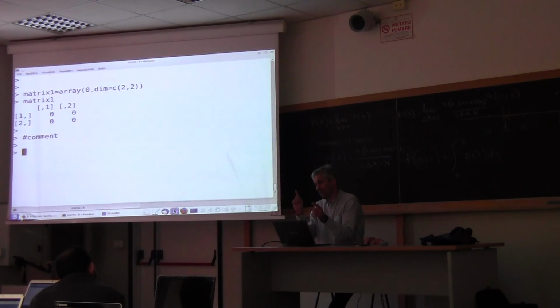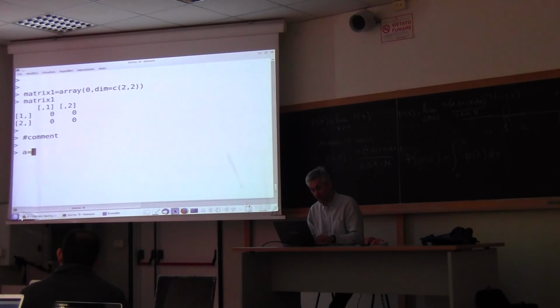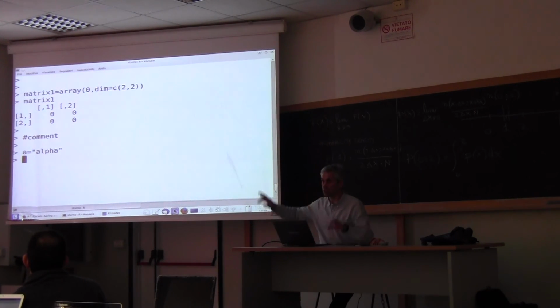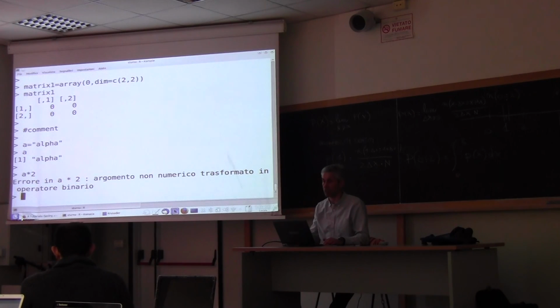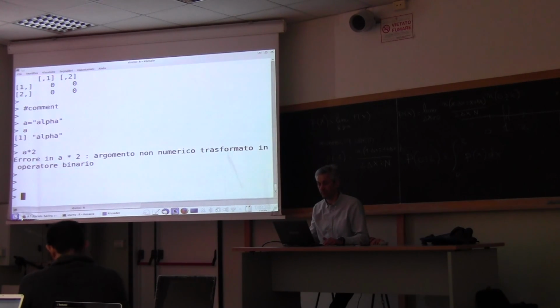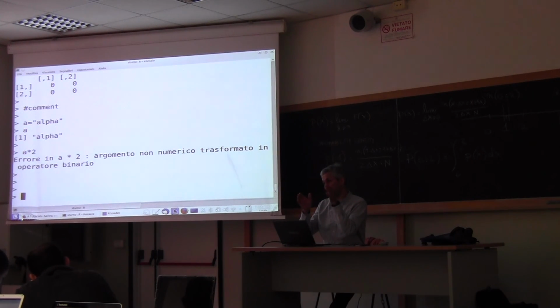And some of the variables can be alphanumeric variables. So first of all, let's introduce the alphanumeric variable, a equal to "alpha". You just have to use the quotes. This is an alphanumeric variable. Of course, you cannot perform a mathematical operation with it. But the alphanumeric variable could be used as a comment.